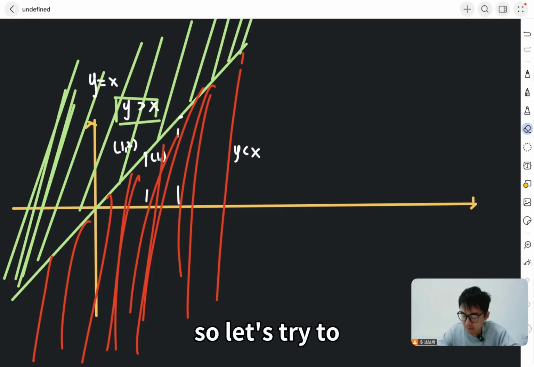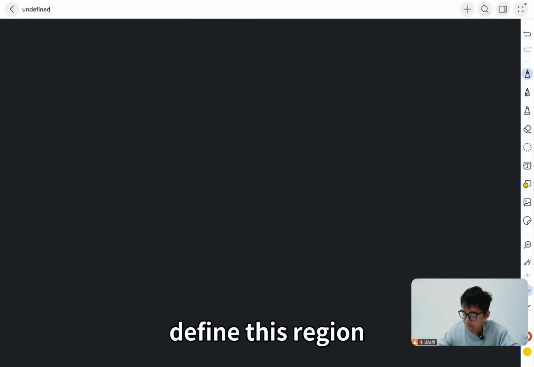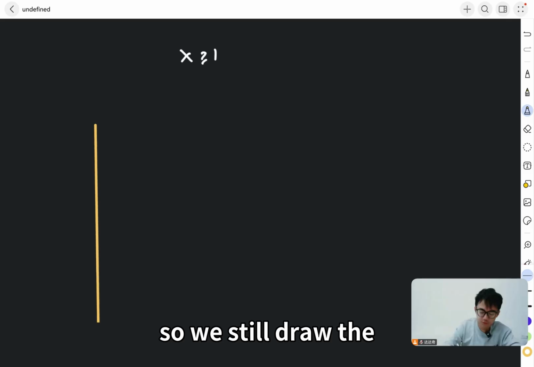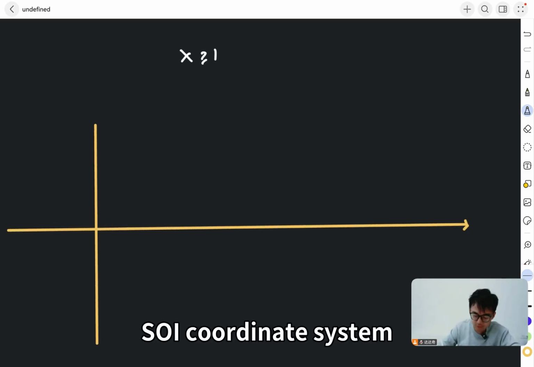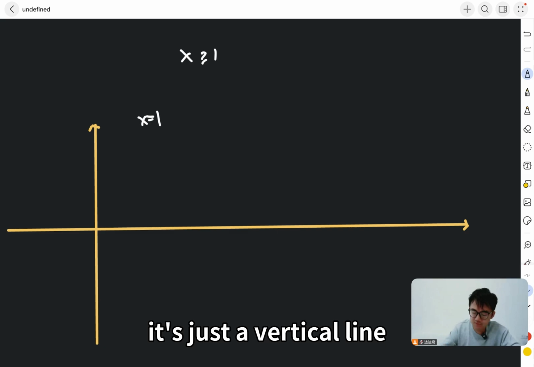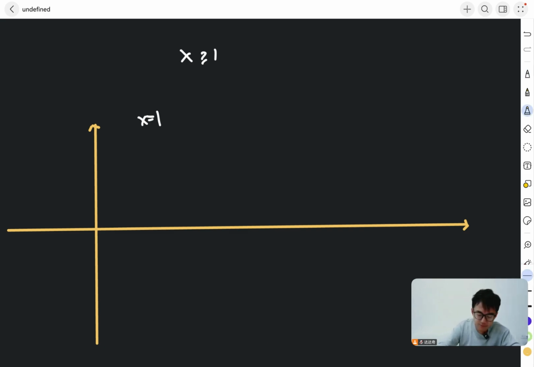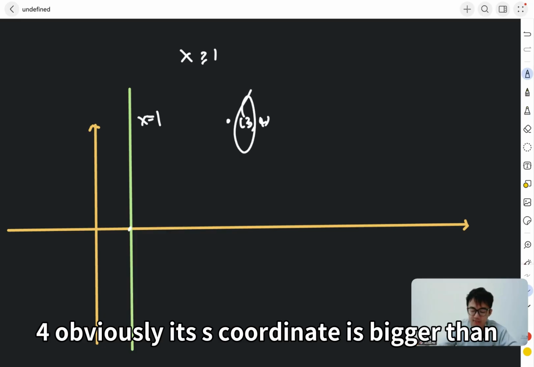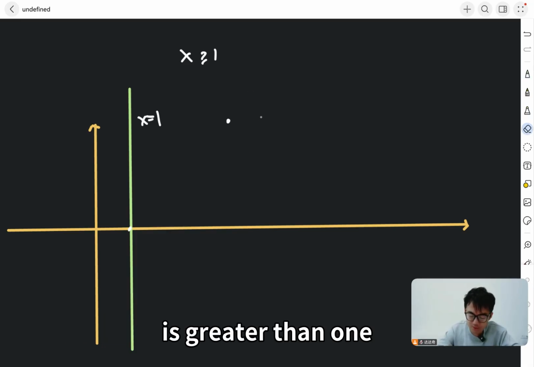So let's try to define this region. x is greater than or equal to 1. So we still draw the x-y coordinate system. So where is x equals 1? It's just a vertical line here, where the x coordinate is 1. So greater than 1 means every point in this region, let's say (3, 4), obviously its x coordinate is greater than 1.